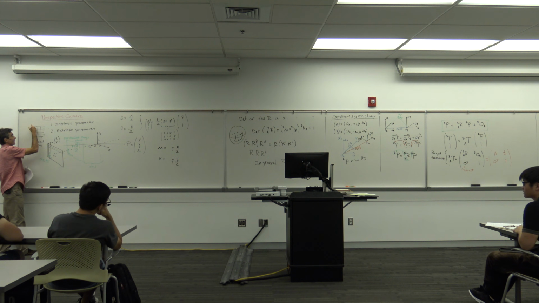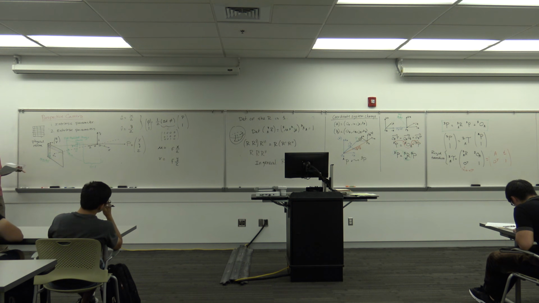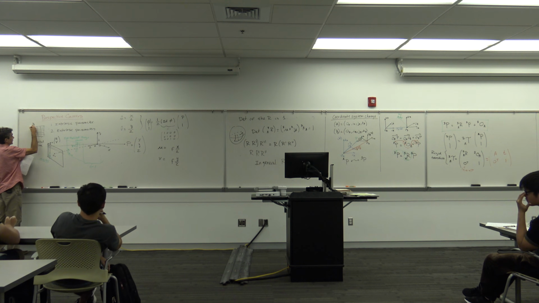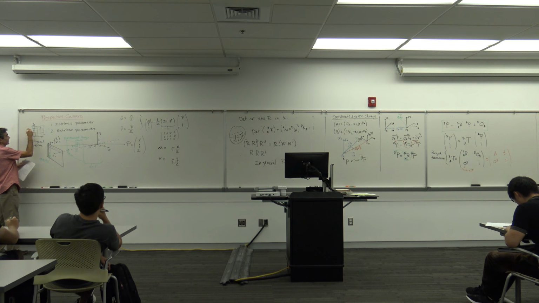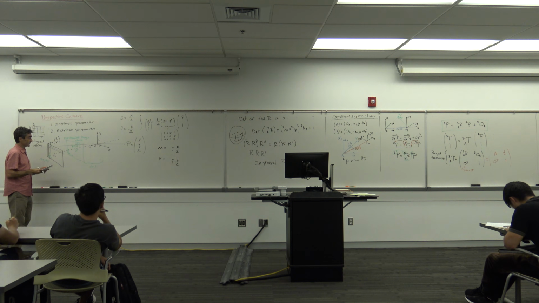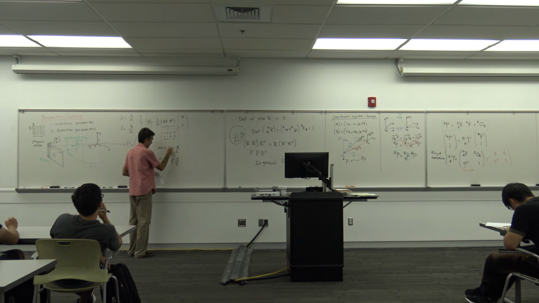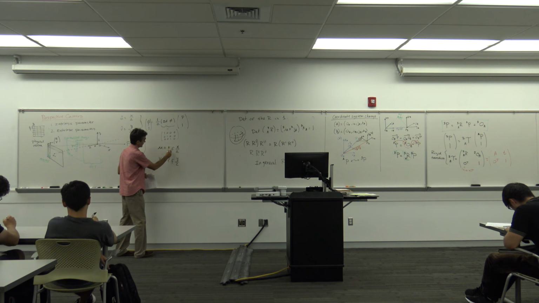And the pixels are of width 1 over K and height 1 over L, which means that I need to multiply this here by K and this by L. Okay?